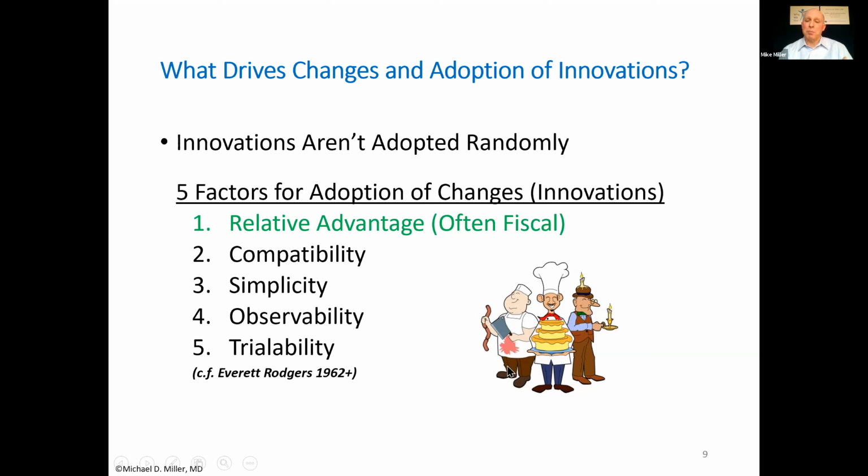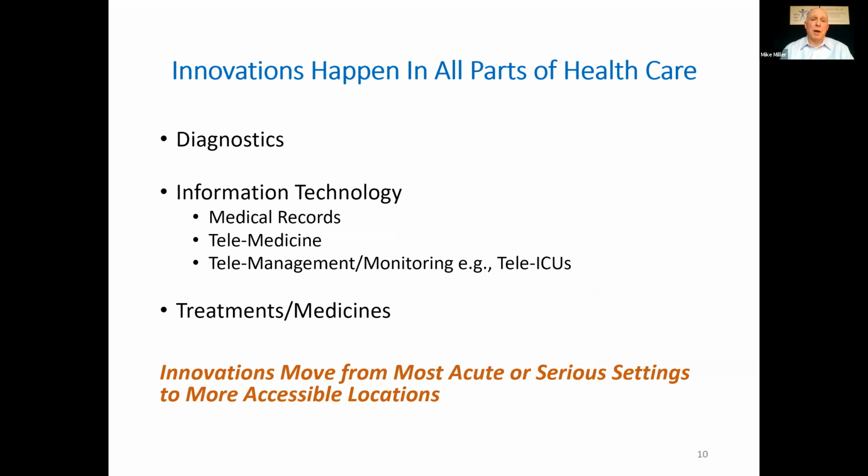The reason I've got the nursery rhyme, the butcher, the baker, and the candlestick maker is that everybody is presented with an innovation coming with their own existing ways of doing things, whether it's a clinician, a hospital, the patient, or some other part of the healthcare system. There's a great example of a new treatment for diabetes that failed in most of these 5 factors, and it was a big flop.